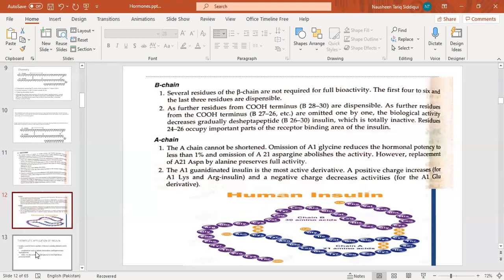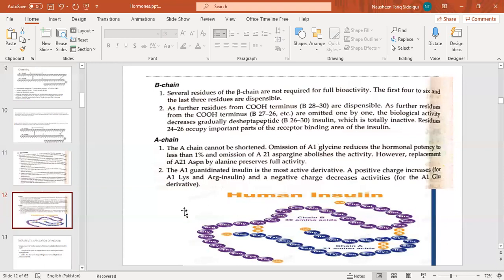Okay, in chain A, the chain A cannot be shortened. Omission of A1 glycine reduces the hormonal potency to less than 1%, and omission of A21 asparagine abolishes the activity. However, replacement of A21 asparagine by alanine preserves full activity.